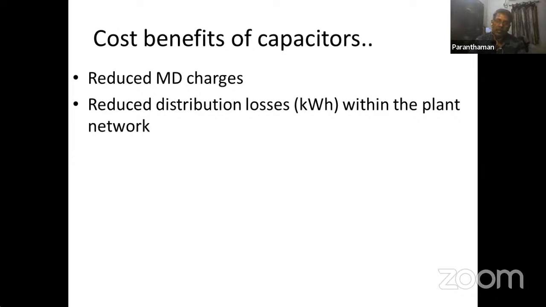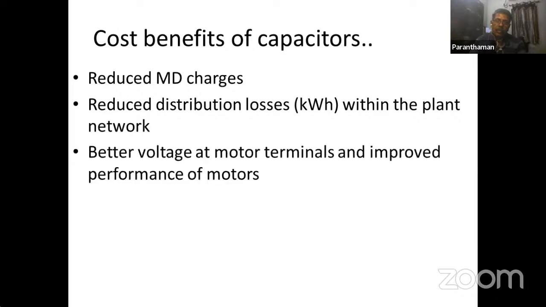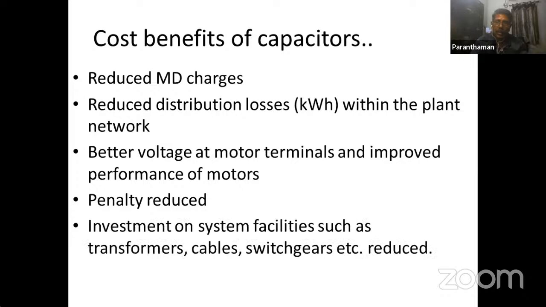Usage of capacitors will keep the losses within limit. We will have better voltage at the motor terminals. Otherwise, voltage will drop. Penalty is reduced. Investment on the system, such as transformers, cables, switchgears, etc. For an HT consumer also, the same thing happens, it will be reduced.